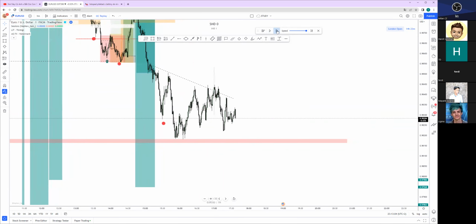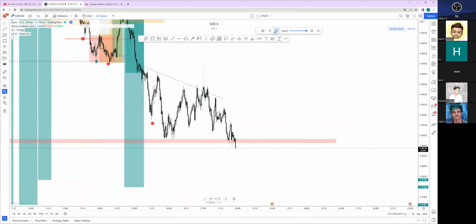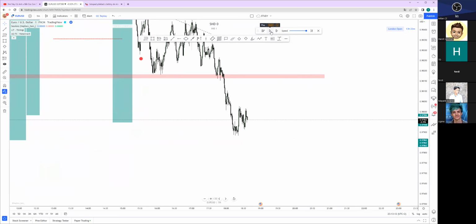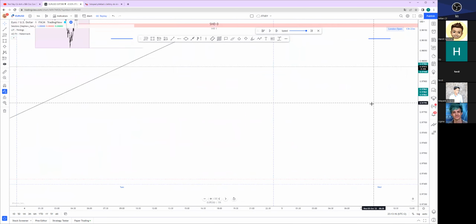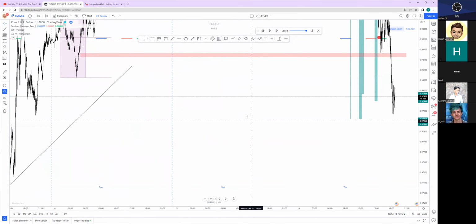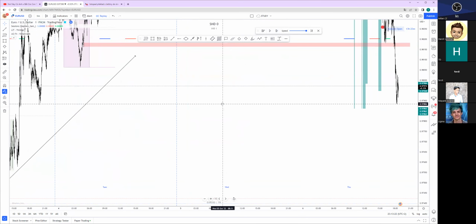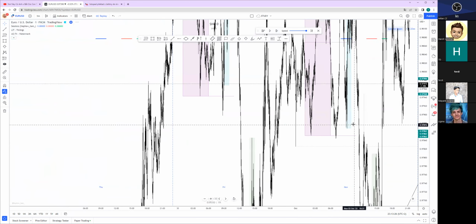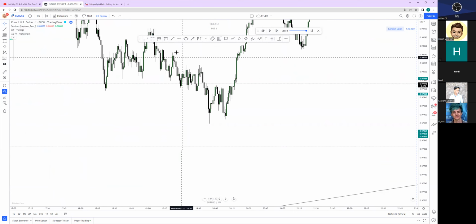And yeah, but this is out of my trading session already, so I see no possible trade here. Let's look at this. Buy, sell.